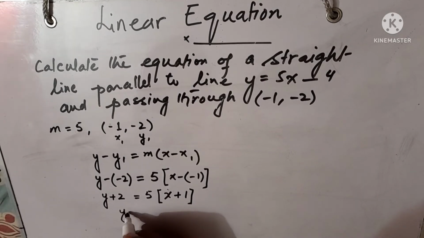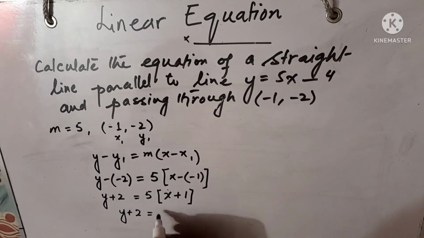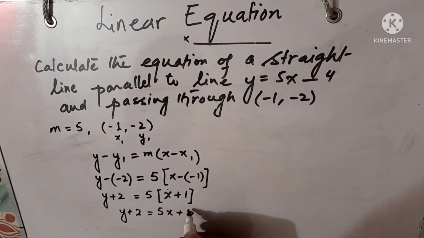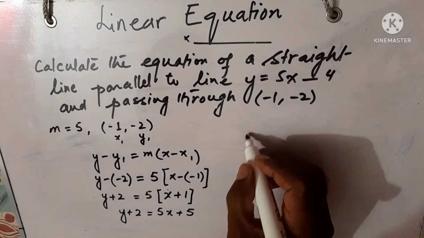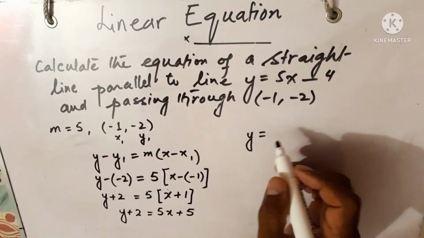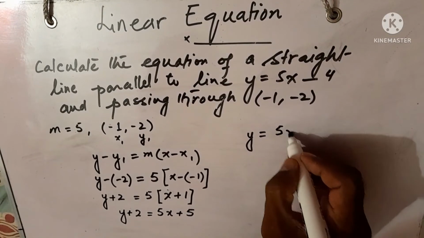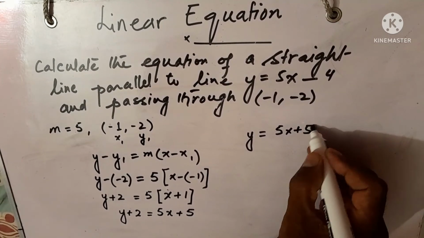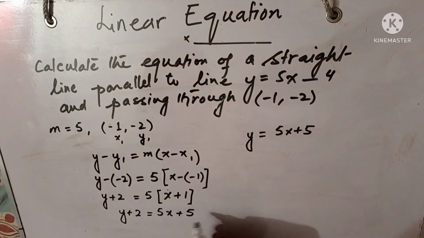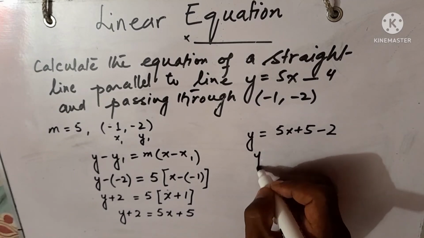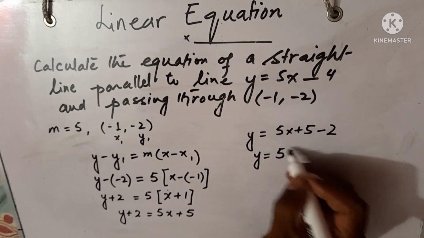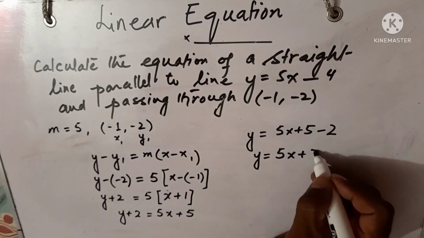So y plus 2 equals 5x plus 5, and then I will shift my 2 to the right side. So this will become y equals 5x plus 5, and this plus 2, when I bring it to my right side, will become minus 2. y equals 5x plus 3.